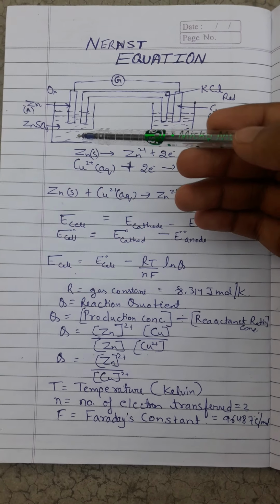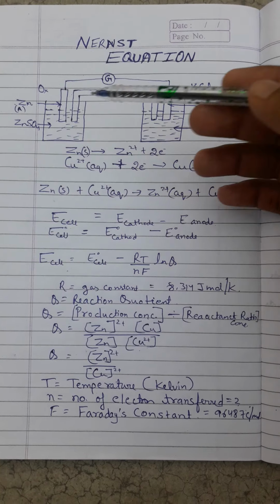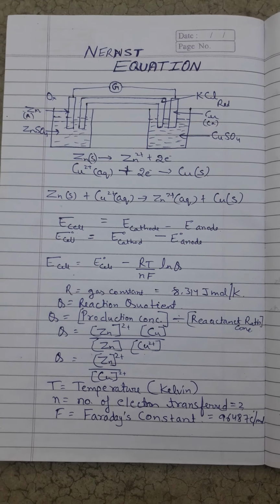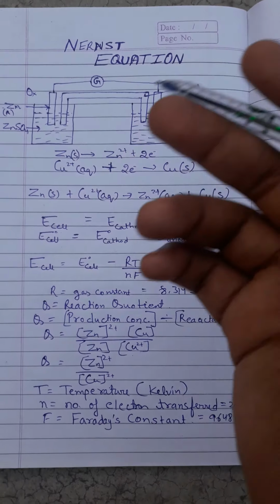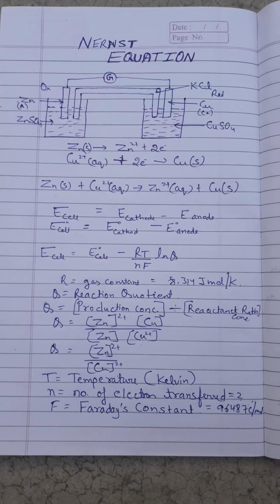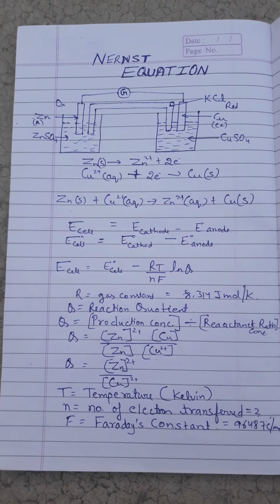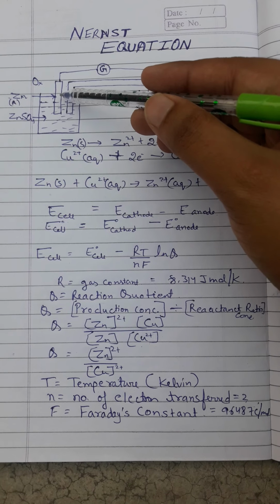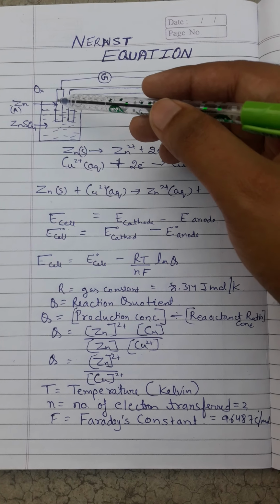The electrode on the left side is known as the anode, while the electrode on the right side is known as the cathode. In the solution on the left side, oxidation will occur at this electrode, the anode.